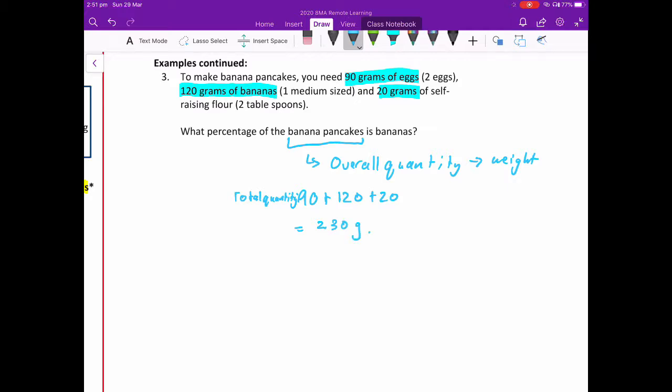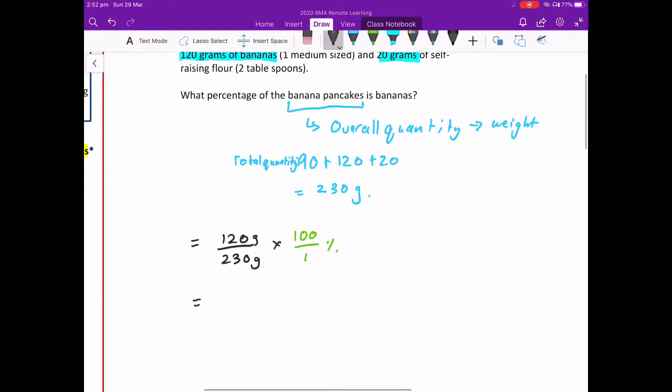Okay, now I'm looking at just the bananas of that, so let's put this into our fraction. So bananas is 120 grams. The overall quantity is 230 grams. Okay, and I'm going to multiply this by 100 over 1%. Now I can put that into my calculators, or I could simplify using my knowledge of fractions.